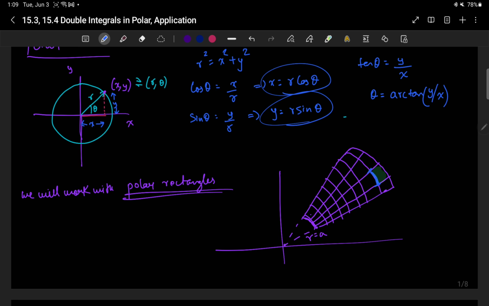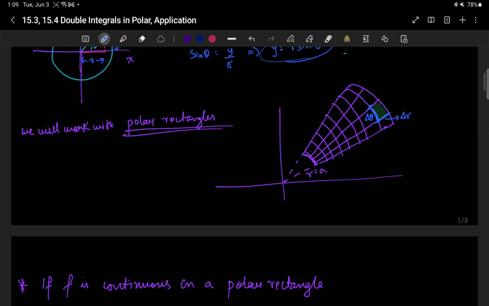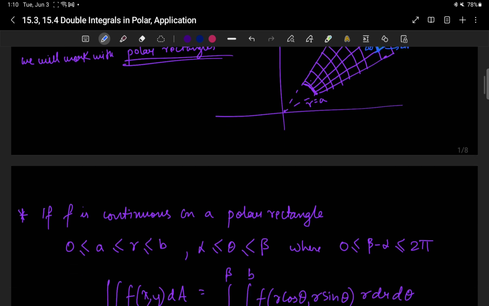This would be your change in angle, delta theta, and this is your change in r, delta r. And we're going to work with these rectangles instead of regular rectangles as you know them.